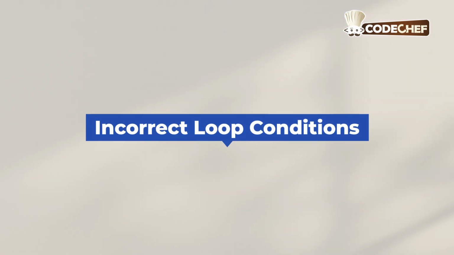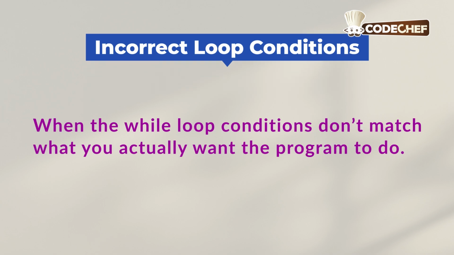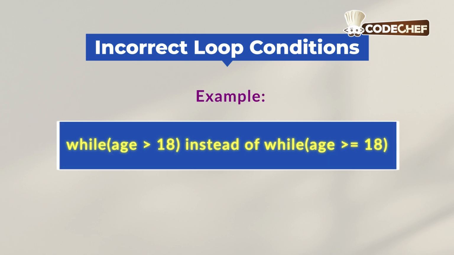Last but not the least, incorrect loop conditions. This is when the loop conditions don't match what you actually want the program to do. So it is also kind of a logical error. Example, while (age > 18) instead of writing while (age >= 18).